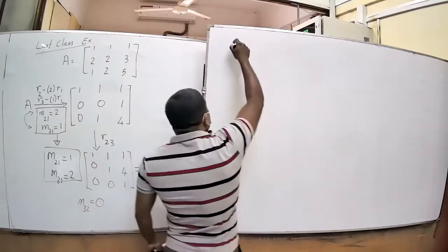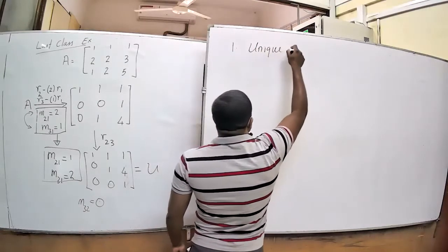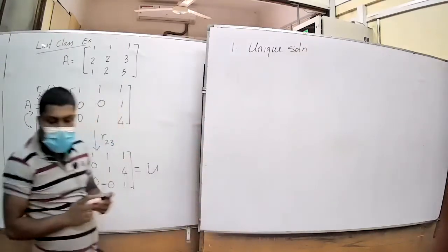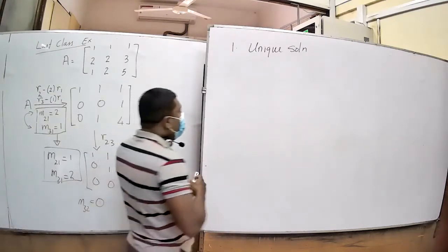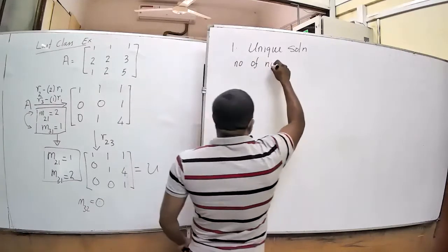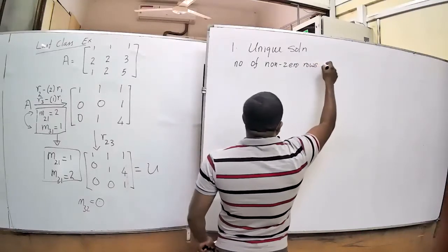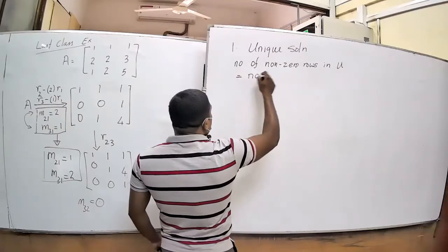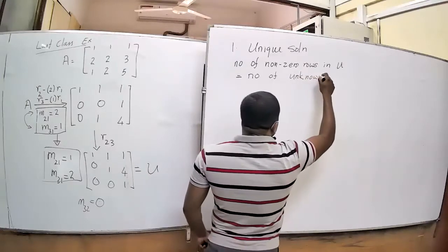Okay. So first one, unique solution type. So unique solution, I give you the condition, right?